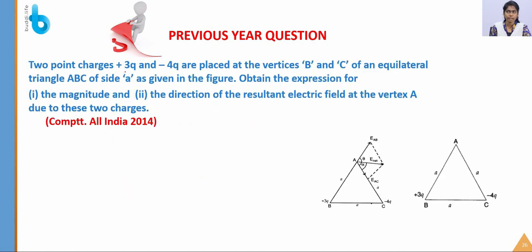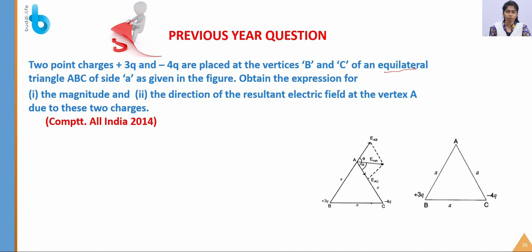Two point charges, plus 3q and minus 4q, are placed at the vertices B and C of an equilateral triangle ABC of side a, as given in the figure.